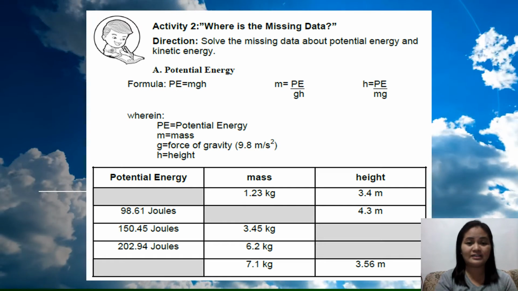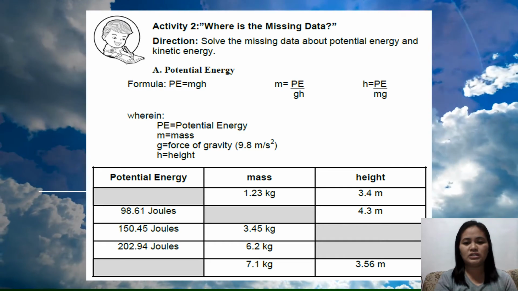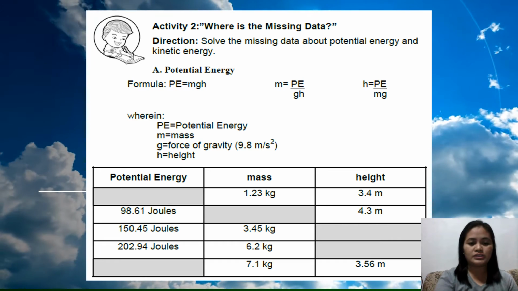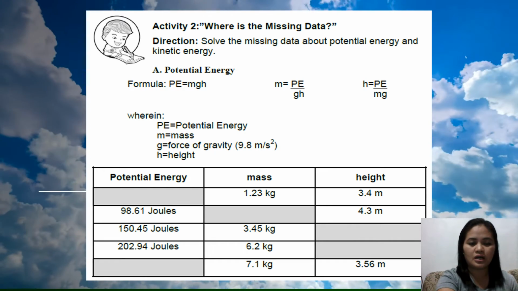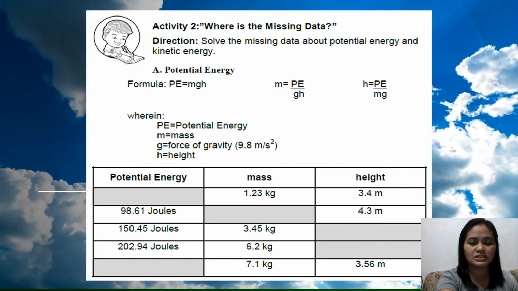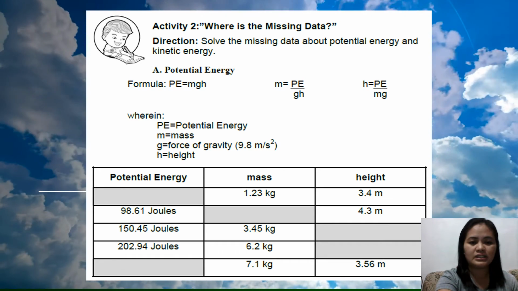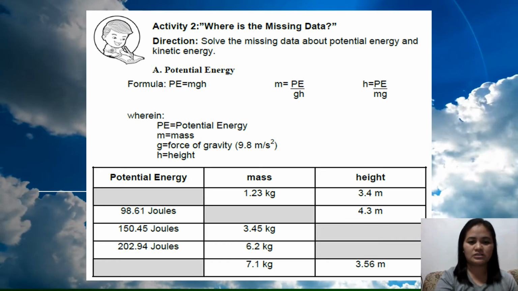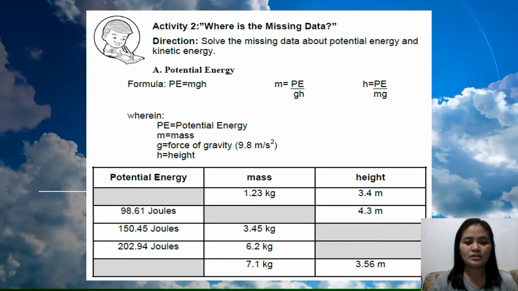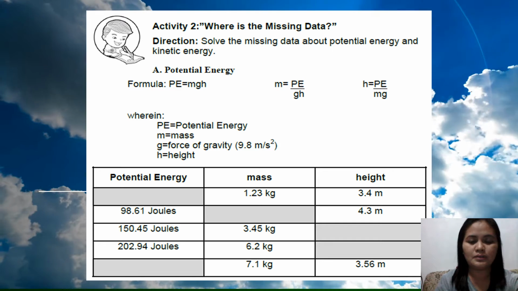Ano naman yung H? Height. Yung taas. What is the unit? M, which is meter. So, for example, dito sa table, ang missing ay potential energy. So, paano mo isosolve si potential energy? O, di i-times mo si mass kay G at kay H. Mass times G times H. For example, sa number 1, or I mean the first row in your table, potential energy is equal to mass.